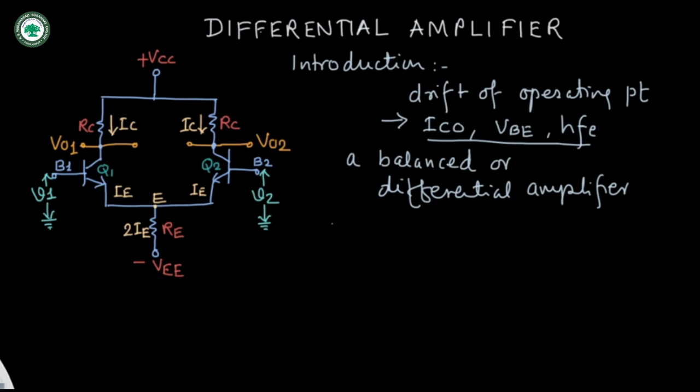In order to see the working of the differential amplifier, we will have to consider various cases. We can consider case 1 as the input voltage V1 equal to input voltage V2, and that is equal to VCM.